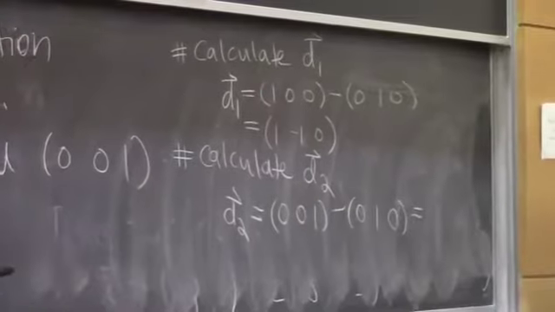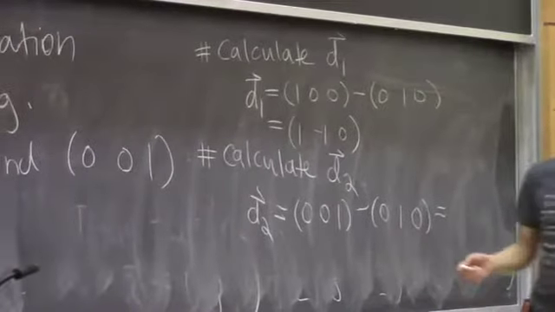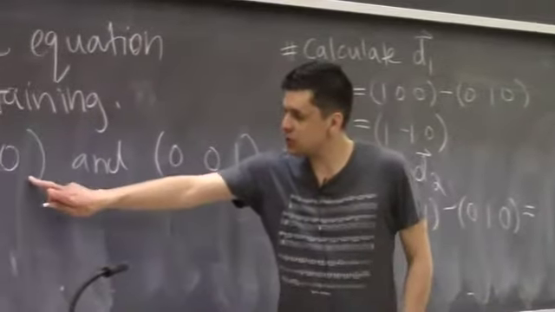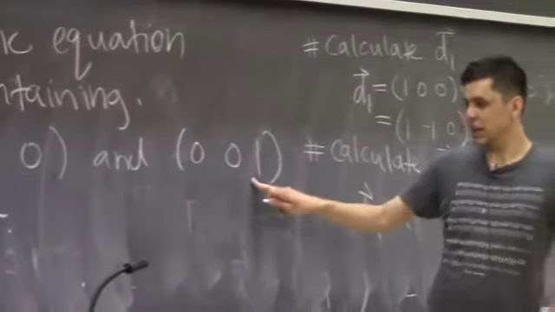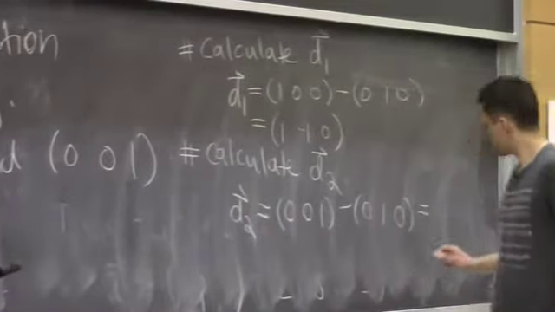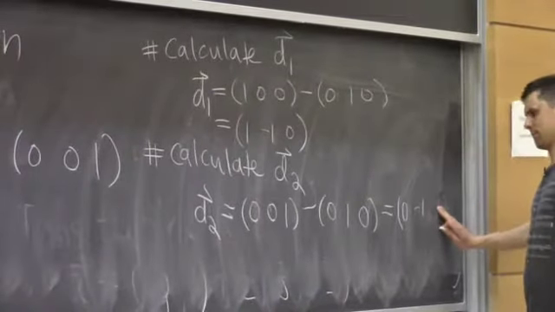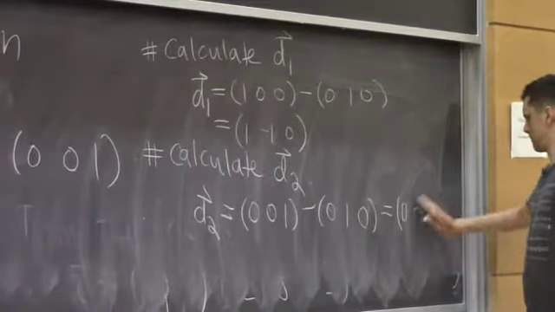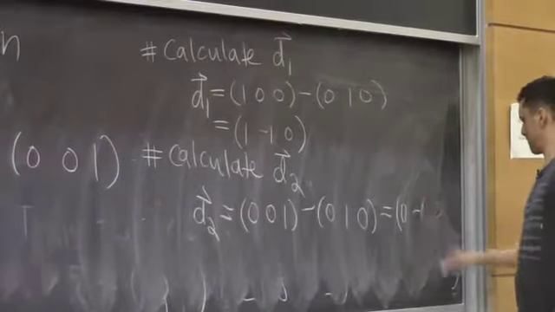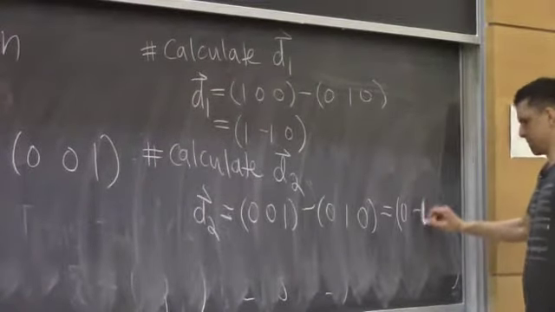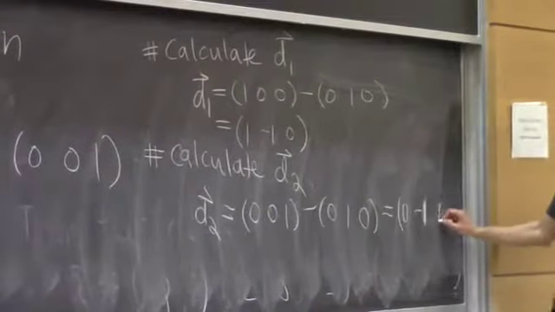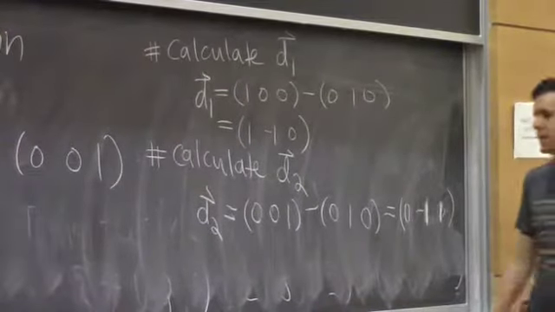Now my second direction vector will be from the initial point to here. So I get like this.